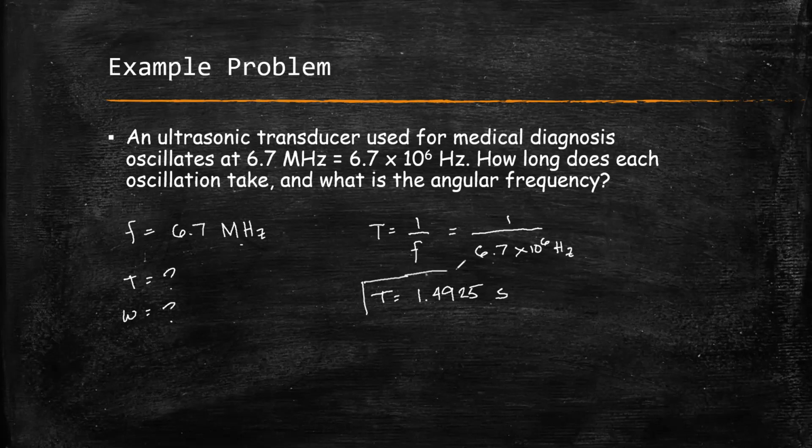So one cycle, or one period, or one oscillation takes 1.4925 seconds. Next, for the angular frequency, or the rate of change of the angular quantity, we have the formula 2 pi f.